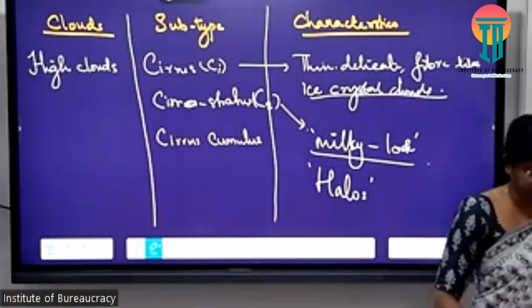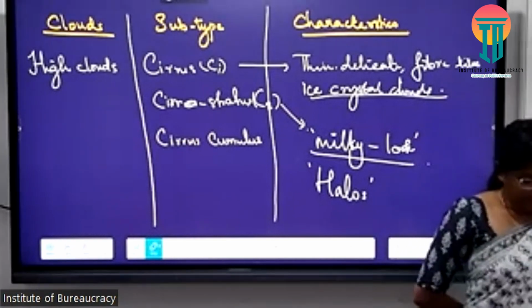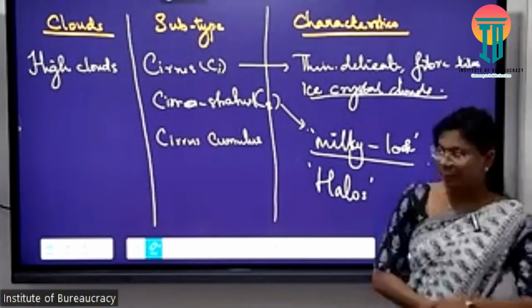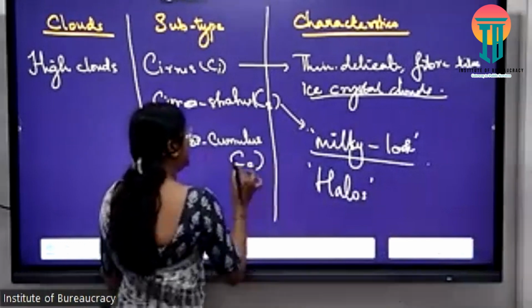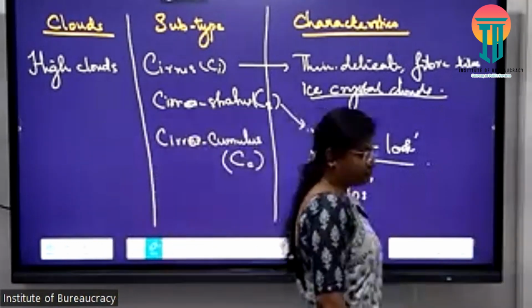Okay, the next one, cirrocumulus. Cirrocumulus is represented as Cc, capital C and a small c.